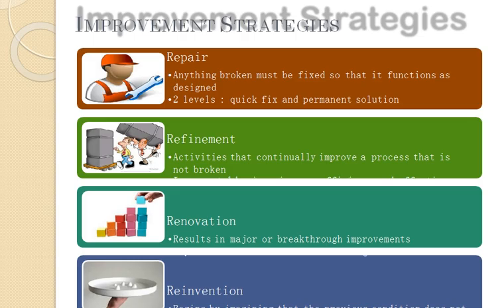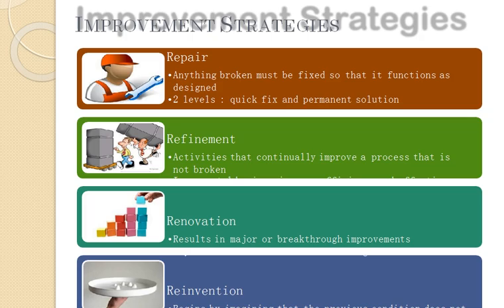So improvement strategies, what happens? Repair, refinement, renovation, reinvention happens. Repair means any broken item must be repaired when the process is happening. The second level is quick fix and permanent solution. Whatever repair you do, it must be permanent and must not be repeated again.